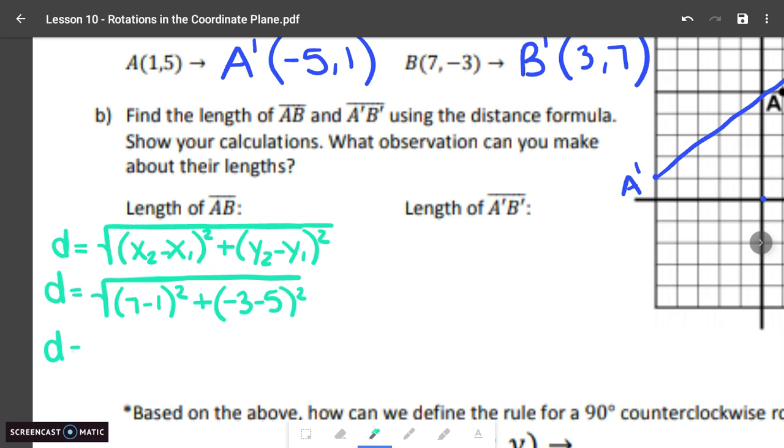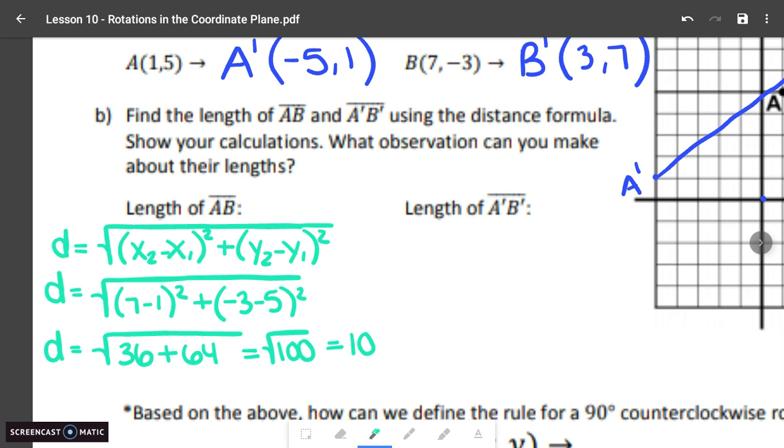Now, what we have to be careful of is while this is all under that square root, 7 subtract 1 squared, it's going to be 6 squared, which is 36, plus -3 subtract 5 more is -8. That does not get us -64 when we square it. Remember, squaring something means you're doing that double negative. So negative times negative is a positive 64. When we add that together, we get the square root of 100, which we know to be 10.